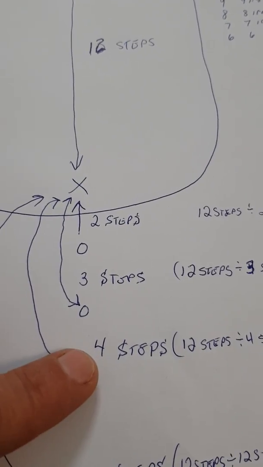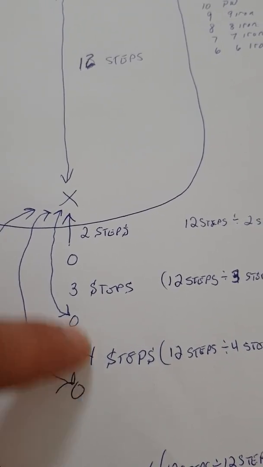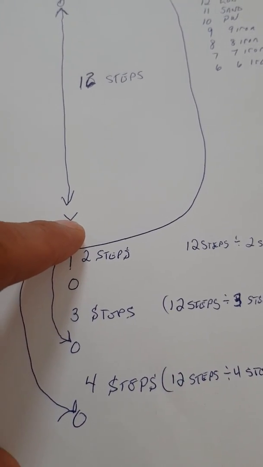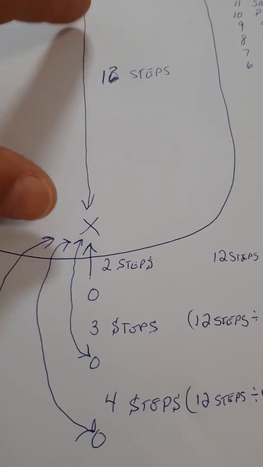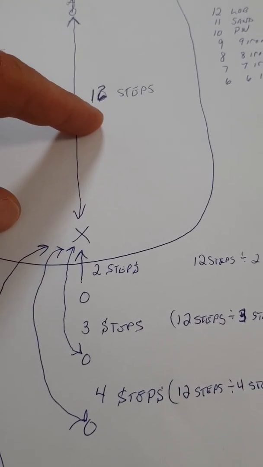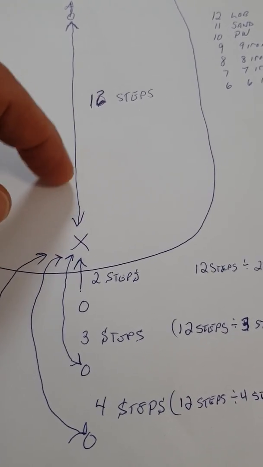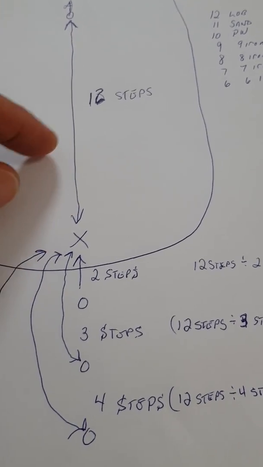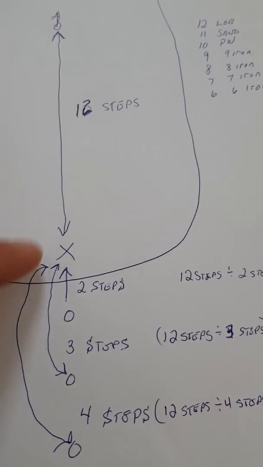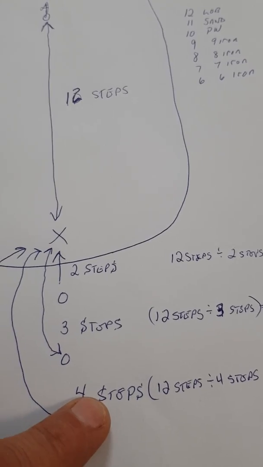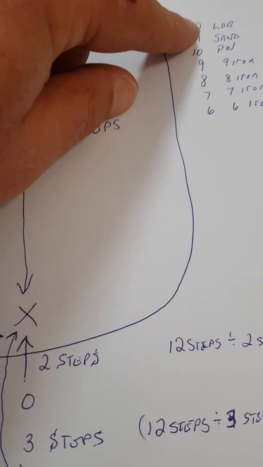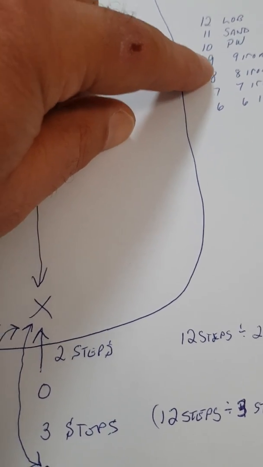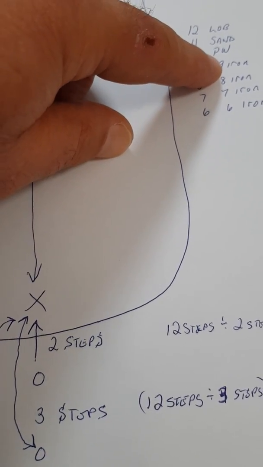The next one, we've got 4 steps from this shot up to the same identical target area, landing area, and then the same 12 from there. It's not always going to be like this, but I did this for ease of explanation. So then you go 12 divided by 4 equals 3. You come up to the 12, subtract 3, and that gives you 9, which is your 9-iron.